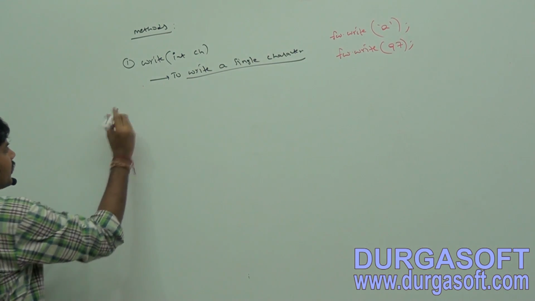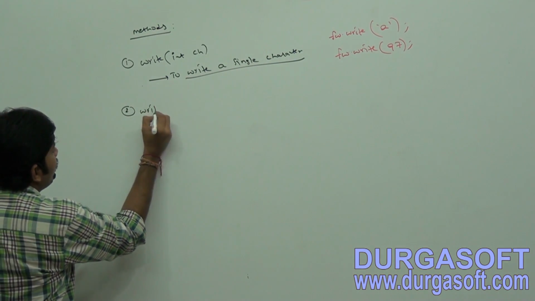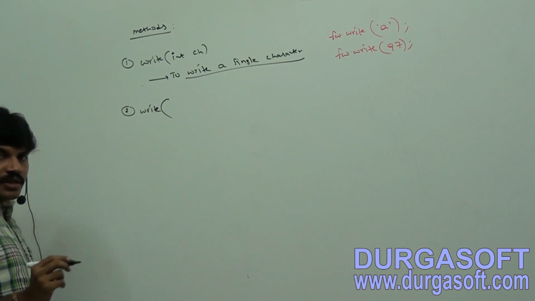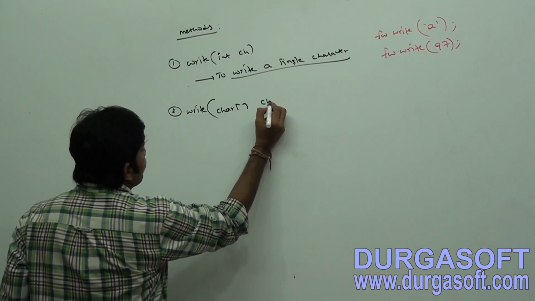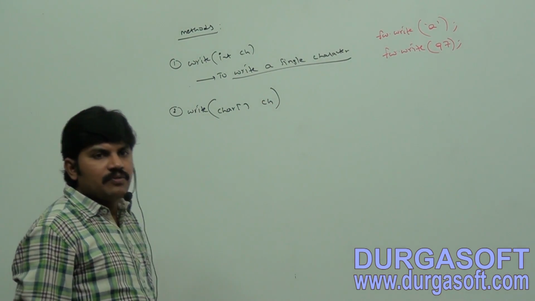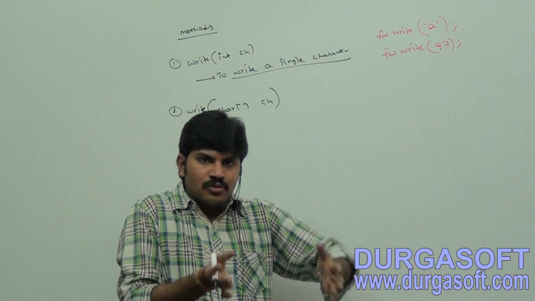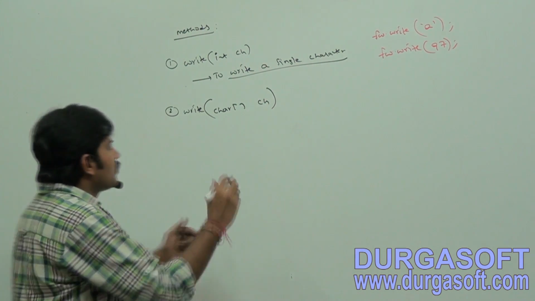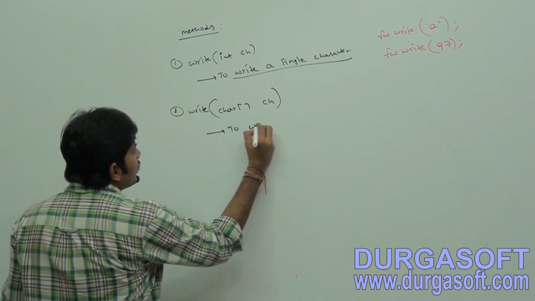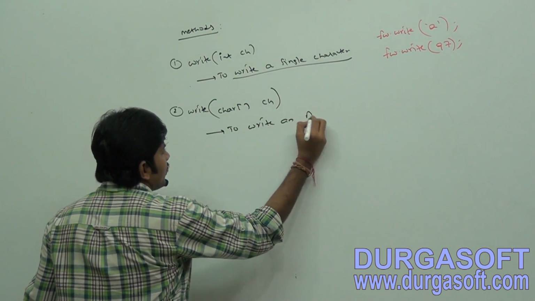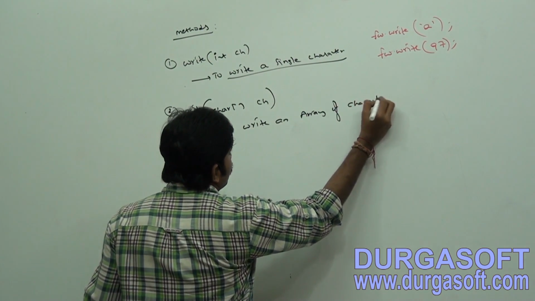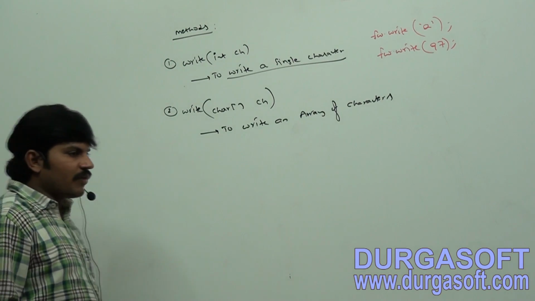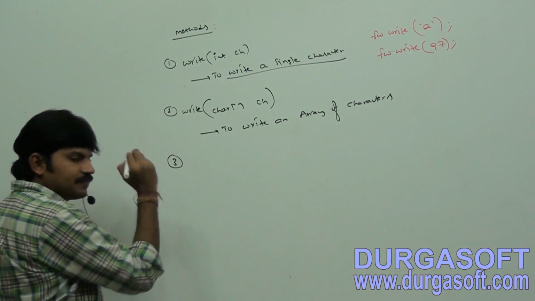Now the second one: write(char[] ch). Sir, I want to write an array of characters to the file, not a single character. Then to write an array of characters to the file, we use the second one.